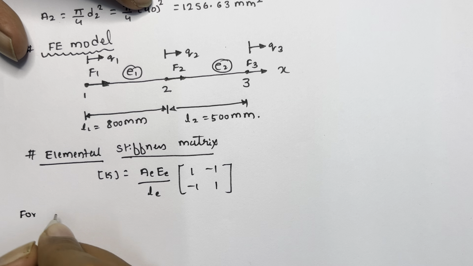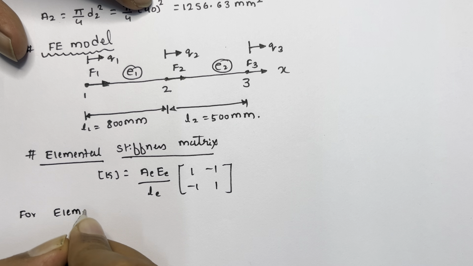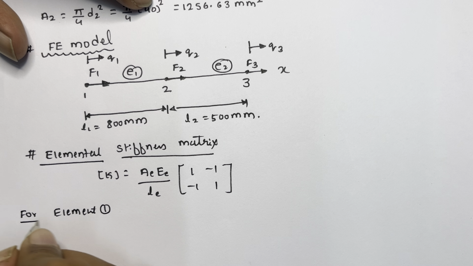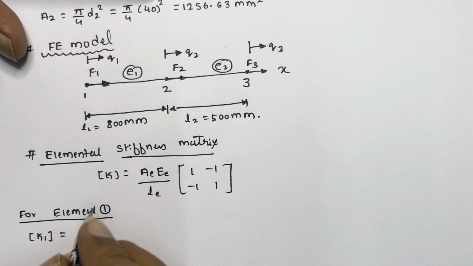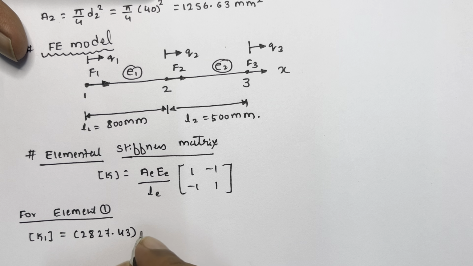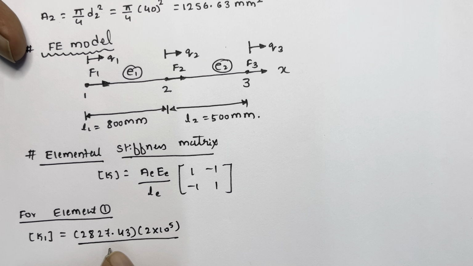So for element 1, K1, the area is, as we calculated, 2827.43, and Young's modulus for steel is 2 into 10 raised to 5, divided by length 800 mm, times the matrix 1 minus 1, minus 1 1.